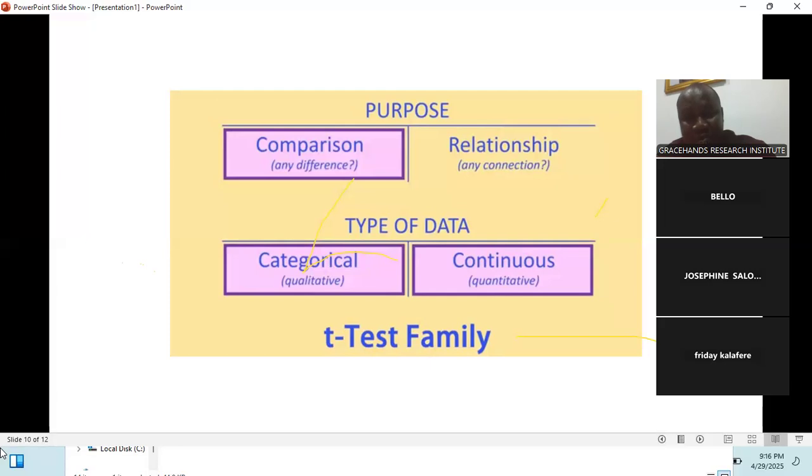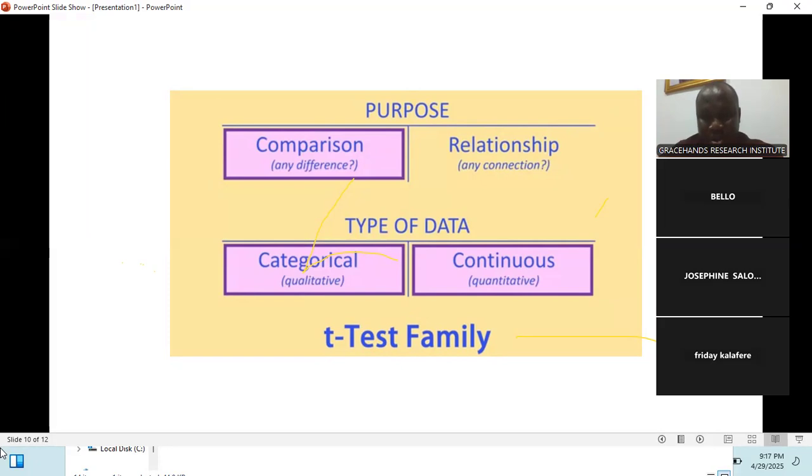Categorical first. The second thing is that it's continuous. First thing, purpose: comparison.